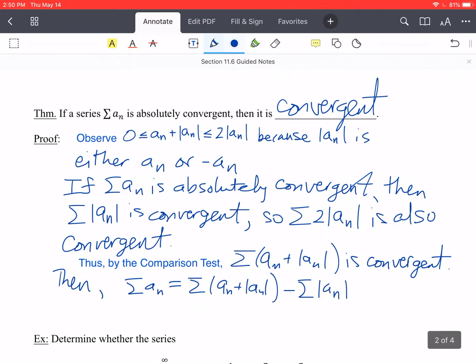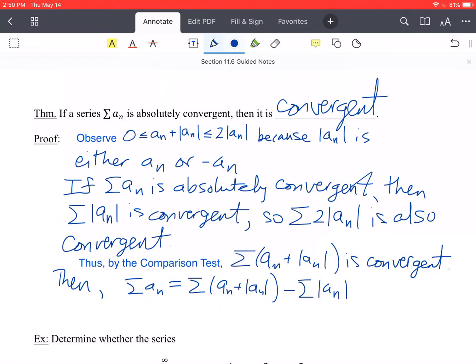Okay, so we know that this series is just the combination of this minus this, right? Because I'm just adding the absolute value and then taking it away, essentially. So those two are equivalent, they're equal to each other.